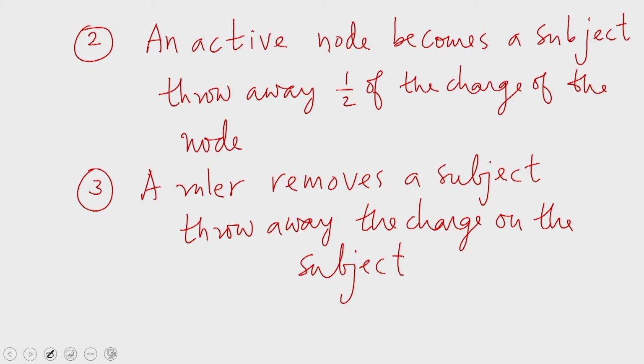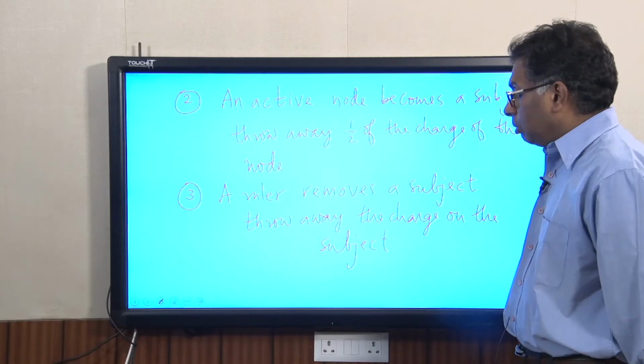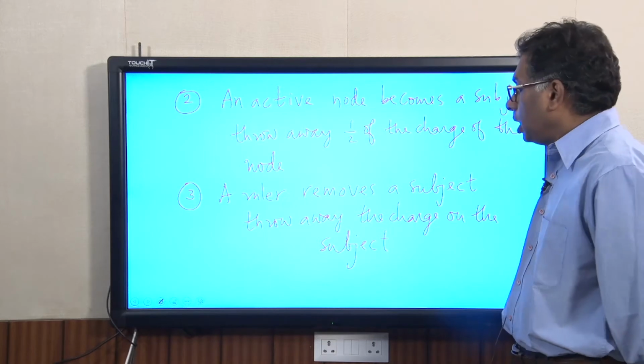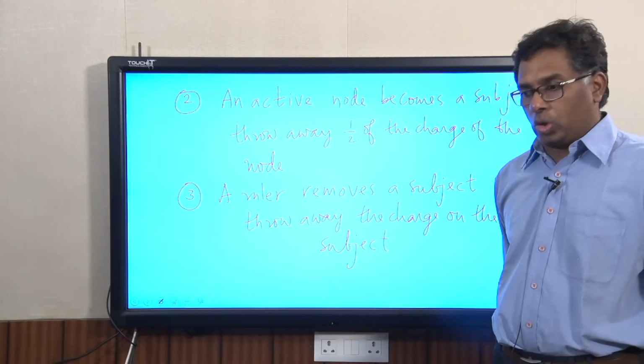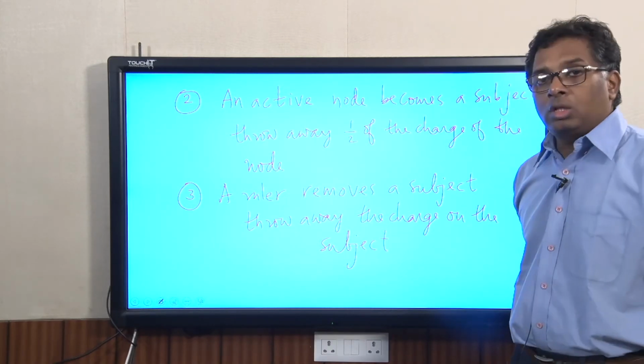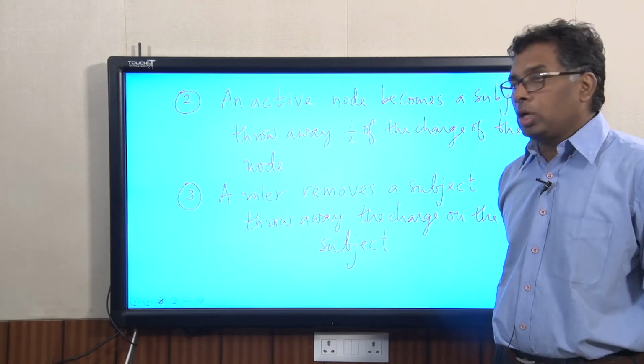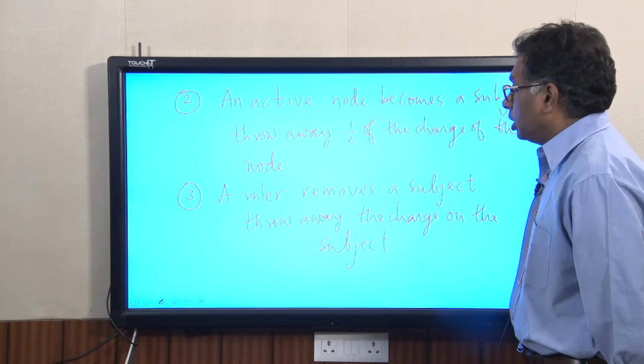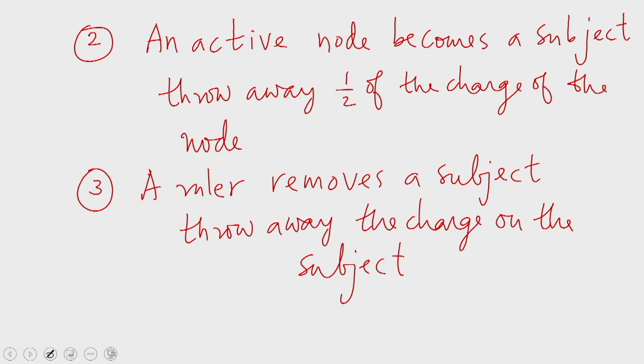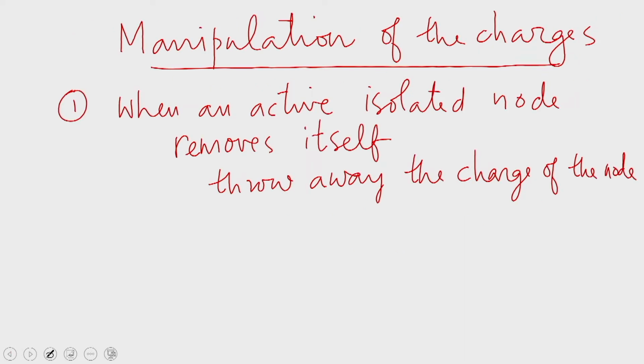Remember, when the active node becomes a subject, we throw away half of the charge on the node. Then later, when this subject, that is now the subject of some ruler, is in turn removed by that ruler, the remaining half of the charge is also thrown away. So, that way the charge on a node will be totally removed when it first becomes a subject and then later on gets removed. So, these are the three ways in which we can remove charges from the system.